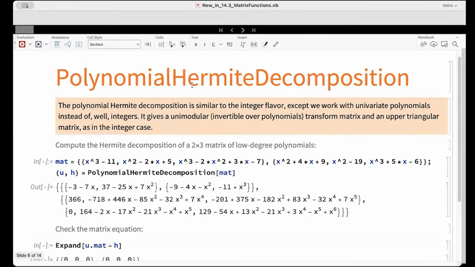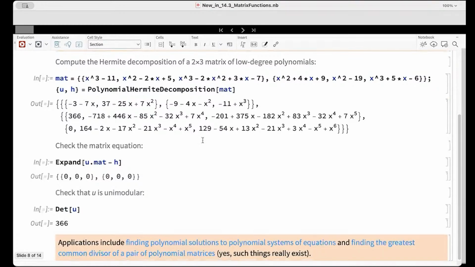And we still get an upper triangular matrix. So it's not, in some sense, as reduced as if we could use fractions, but the advantage is you remain in the algebraic structure in which you started. In other words, polynomials in this case. We don't create fractions of polynomials, also known as rational functions. And so here's some examples.